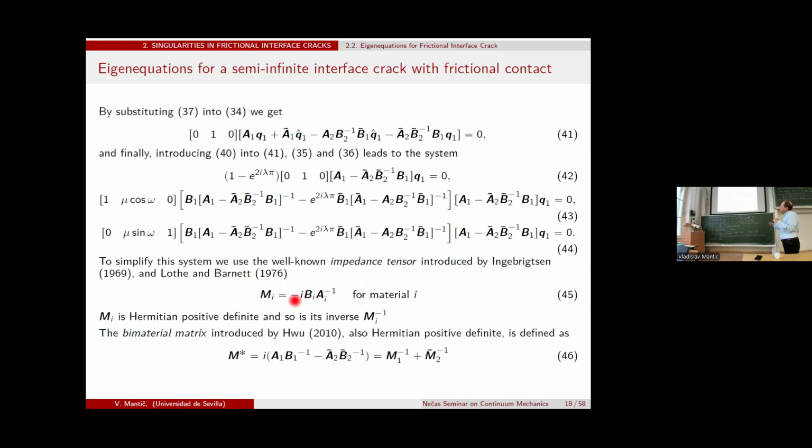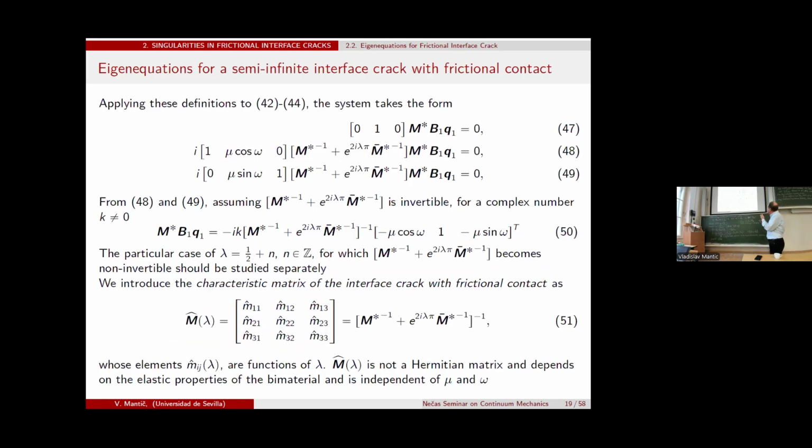Then we use this impedance tensor to define the Hermitian positive definite matrix M star, which is the sum of inverses of the impedance matrices. In this way, this bimaterial matrix appears, so the system is a bit more compact.